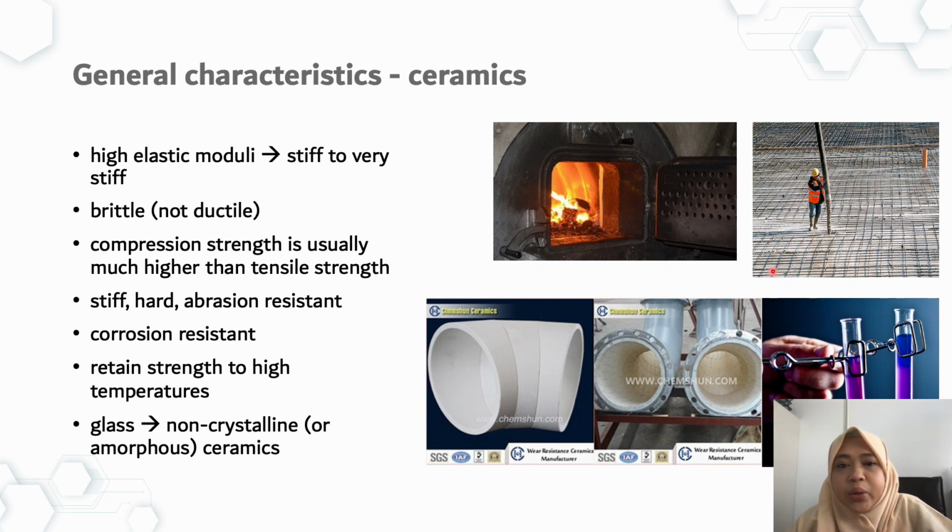This picture shows how concrete is made for a building. We can see these lines are actually carbon steel to strengthen it, and the workers here put in a mixture of cement, sand and so on to make the concrete.